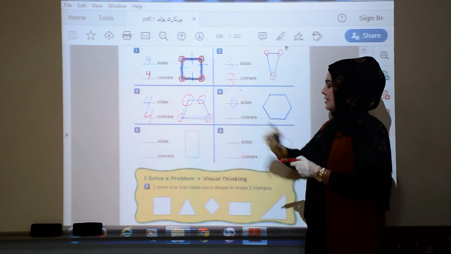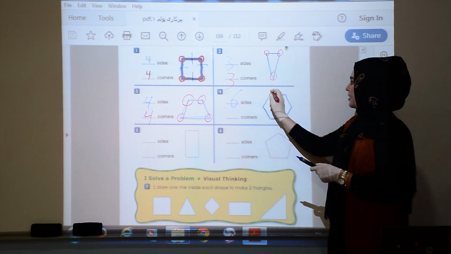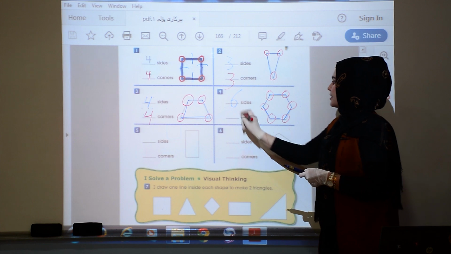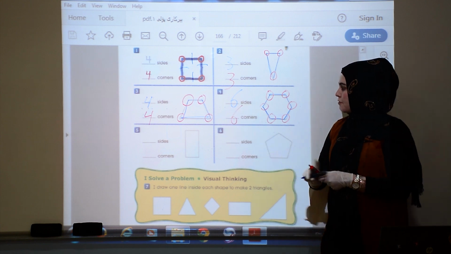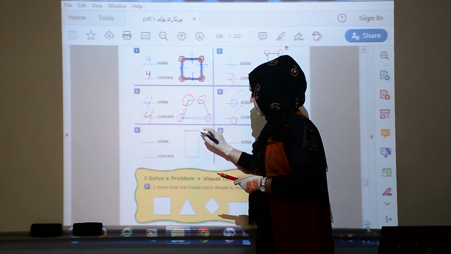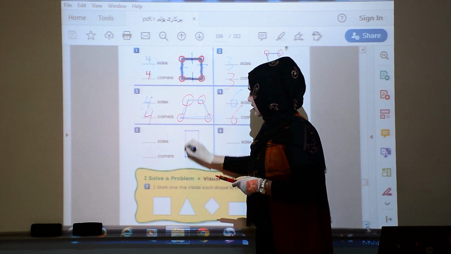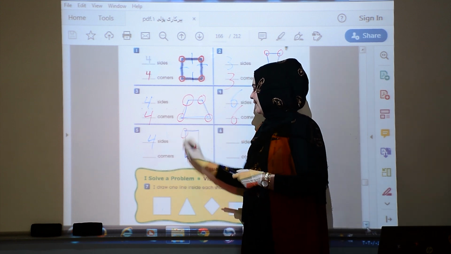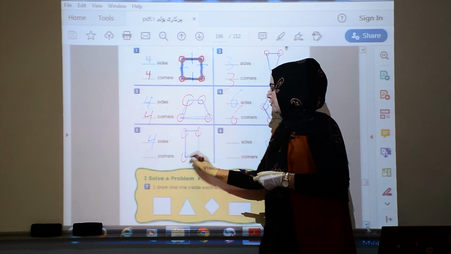I write 6. And how many corners? 1, 2, 3, 4, 5, 6. I write 6. From there, 1, 2, 3, 4. 4 sides and 1, 2, 3, 4.